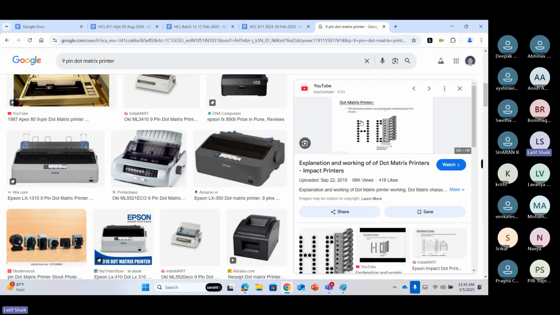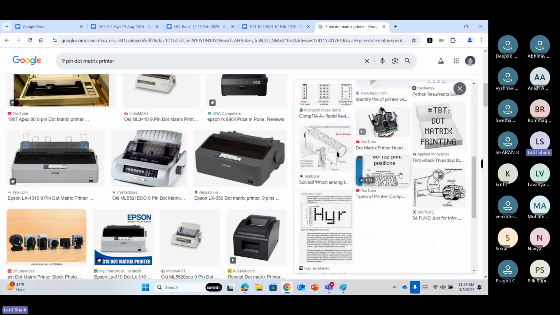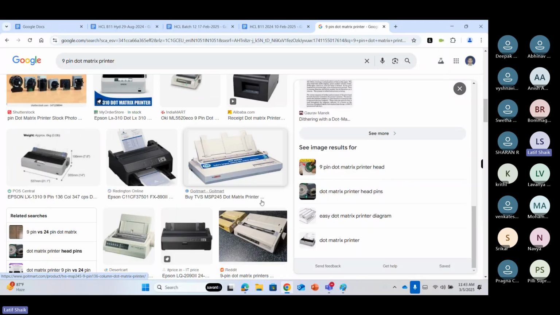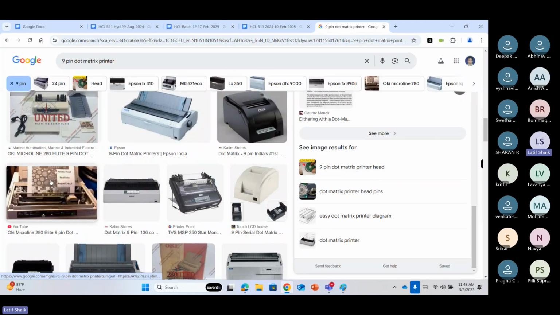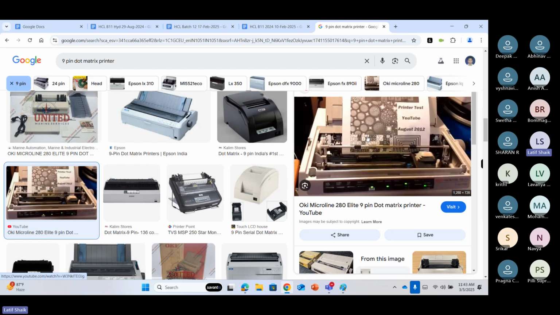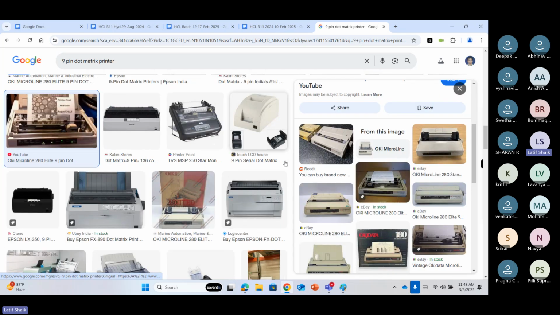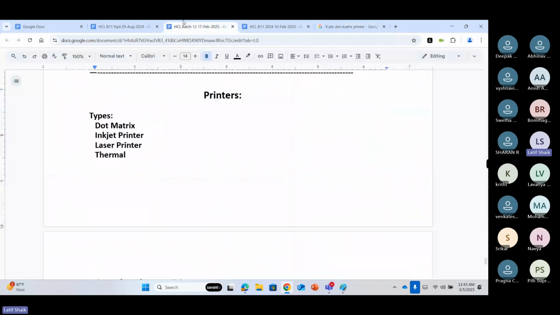With this structure you can't create a sharp-edged picture. When you print a picture, it looks different, not very sharp. This is the dot matrix printer. Still, some organizations are using it, mainly for bill printing, some documents, and certificate printing.